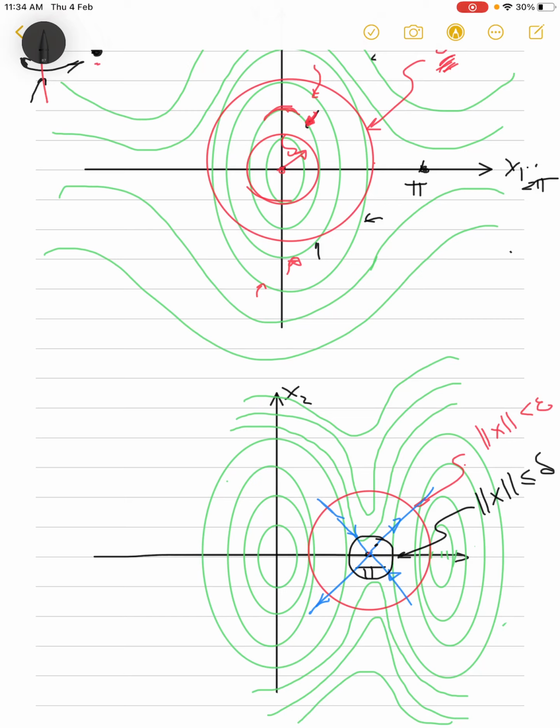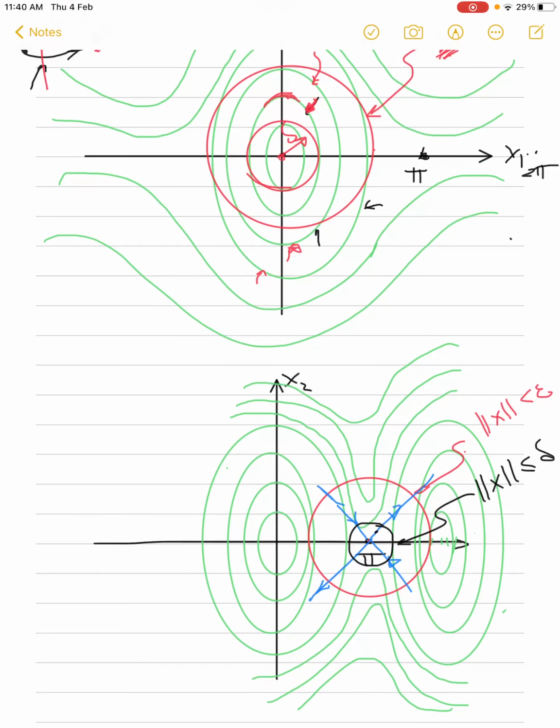Consequently, according to the definition, that point will be unstable, which is of course expected because it is a saddle equilibrium point. So I will stop here, and in the coming video we'll continue the classification of the stable equilibrium points.